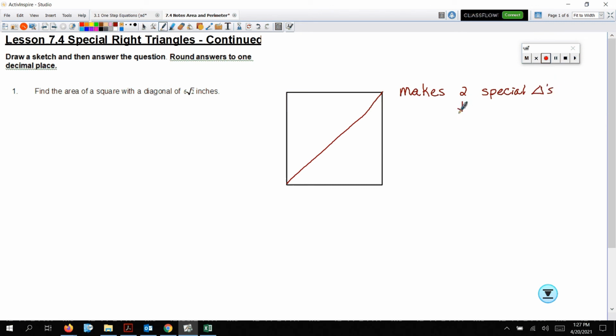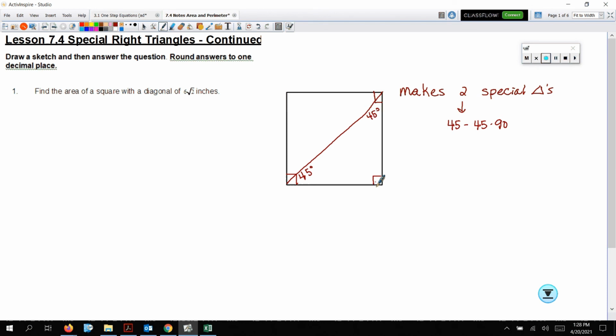Actually, 2 45-45-90 special right triangles here. Because remember, the corners of a square are 90 degrees. This diagonal splits those, okay? So now I have a 45-45-90 right triangle, 2 of them, okay?